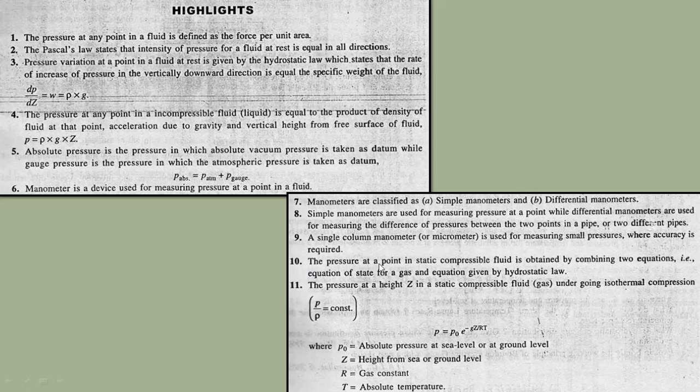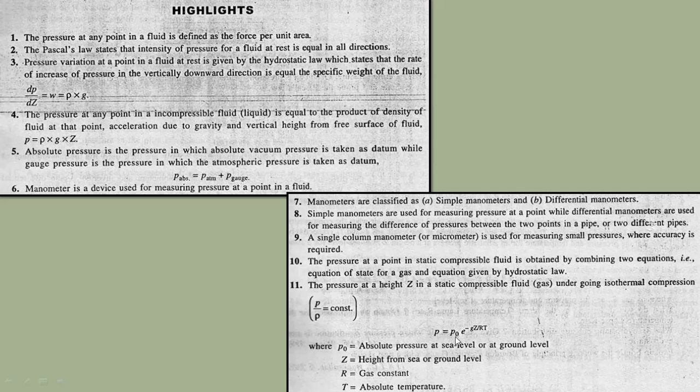The pressure at a point in a static compressible fluid is obtained by combining two equations, that is the equation of state for gas and the equation given by the hydrostatic law. The pressure at height capital Z in a static compressible fluid, that is gas, undergoing isothermal compression, P divided by rho is equal to constant.